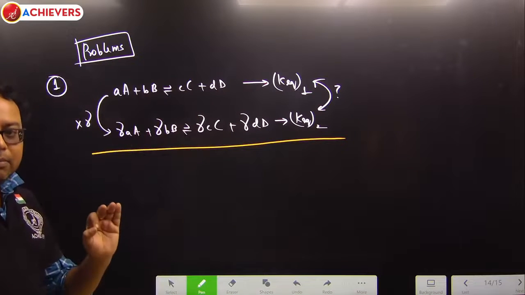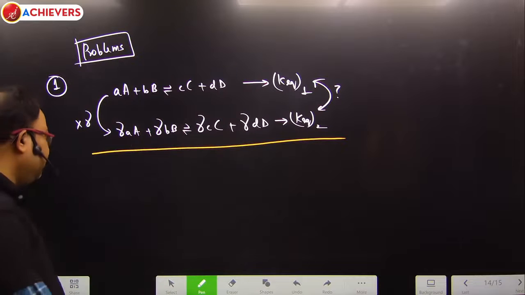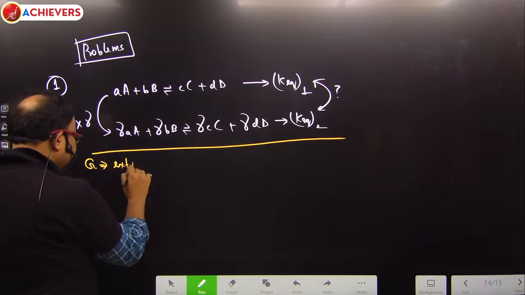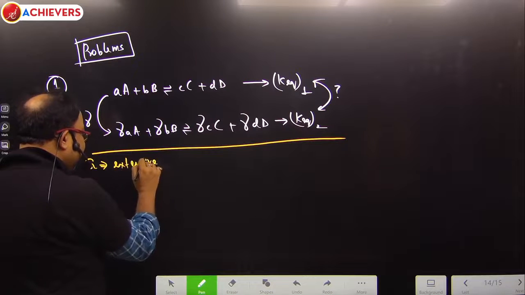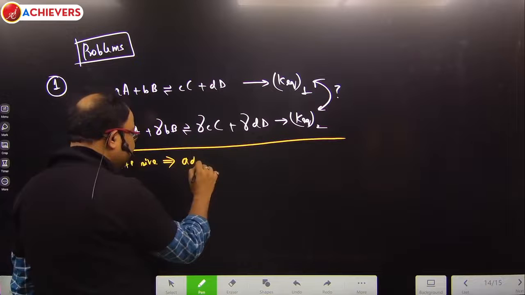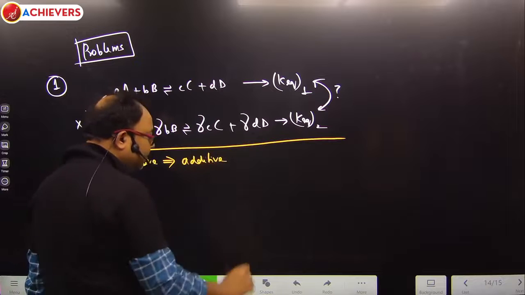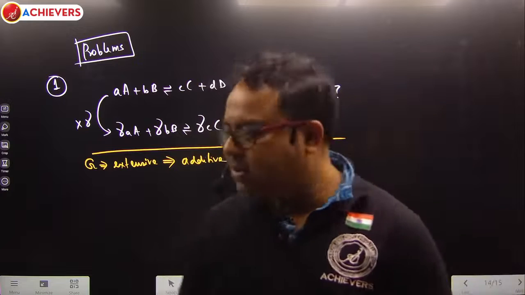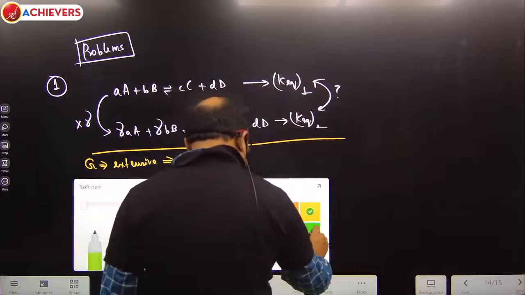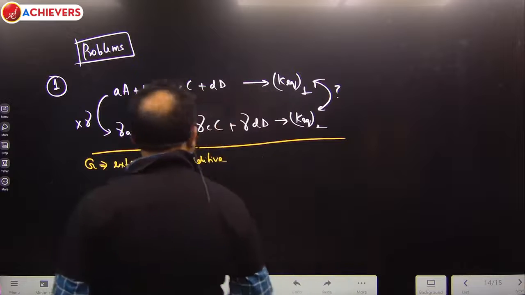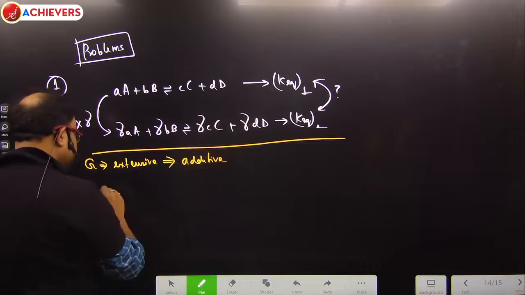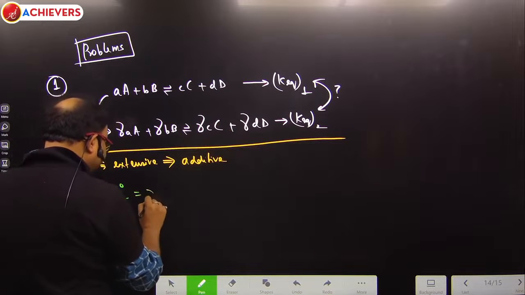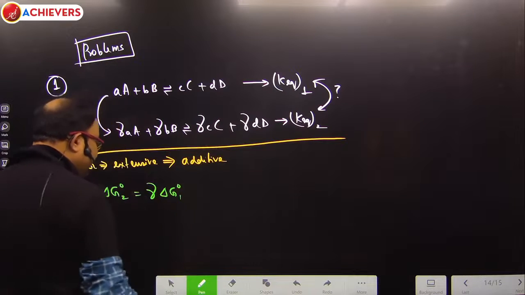We'll use some important concepts of thermodynamics over here. We know that G is extensive in nature. And if any thermodynamic quantity is extensive, it is also additive in nature. This is known to all of us from the fundamentals of thermodynamics. So if G is additive, then delta G02 should be gamma times delta G01.